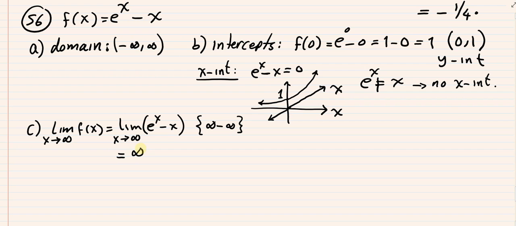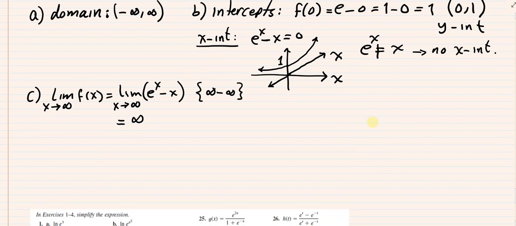I'm using the graph here. Really, to do this properly we need L'Hopital's rule, but we haven't talked about it in this course, so I'm just going to say the exponential function far exceeds the linear function. The end behavior is dominated by the exponential function, and for that reason it's infinity.